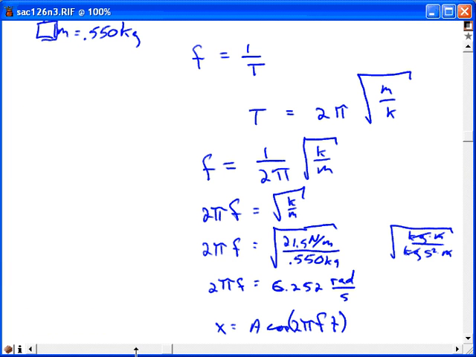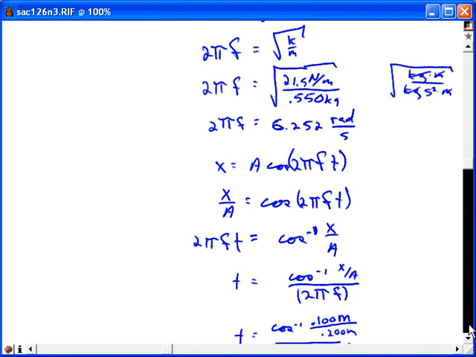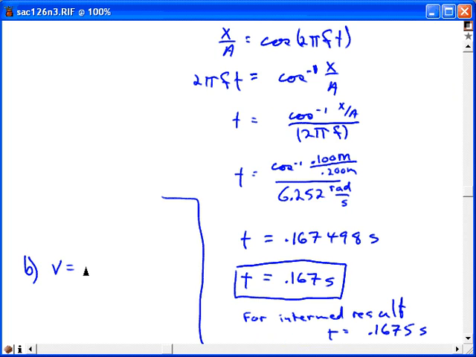Let's see if I can remember all that. Minus Vmax times the sine of 2 pi ft, where Vmax is A times 2 pi f.